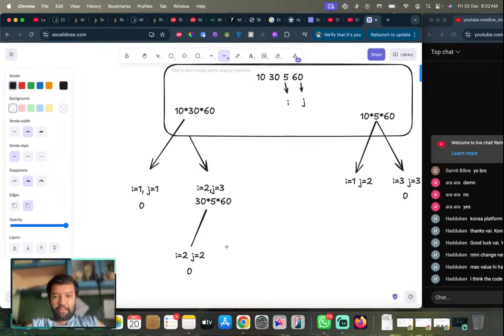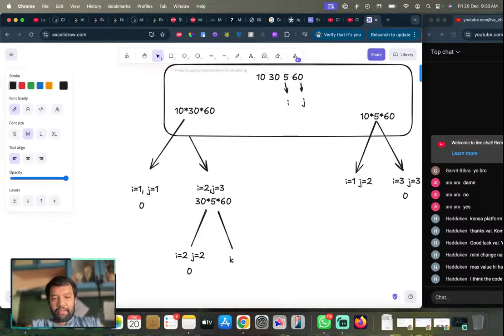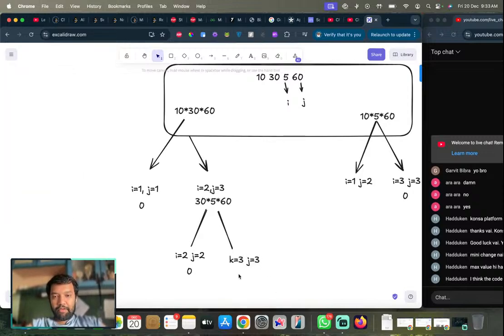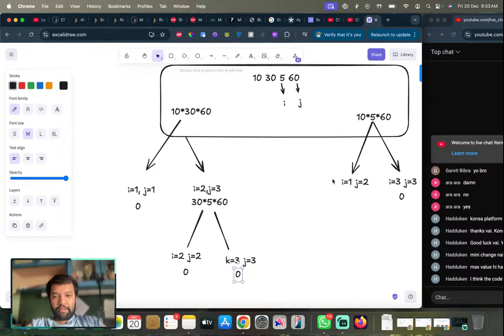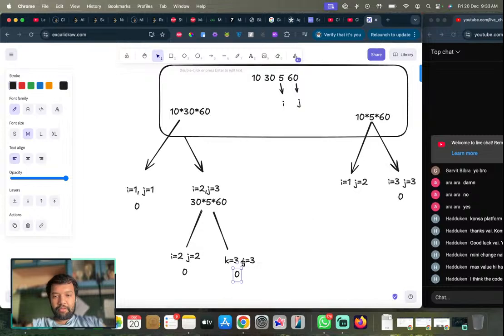And the second partition for this will be k is equals to 3, j is equals to 3, which will also give us 0.